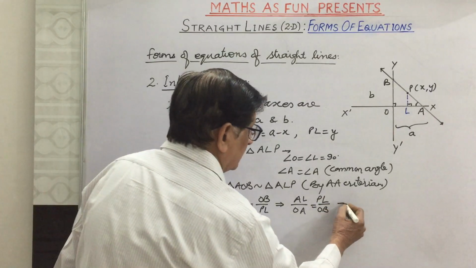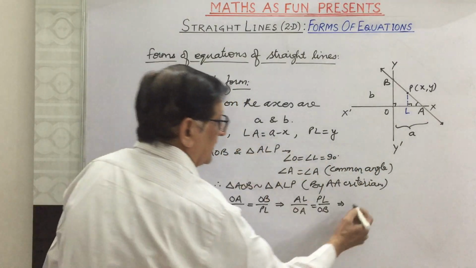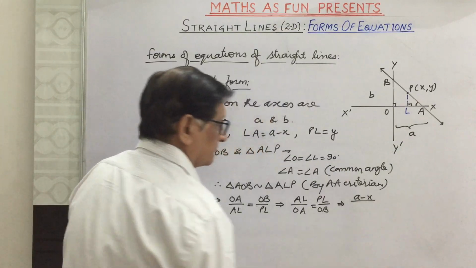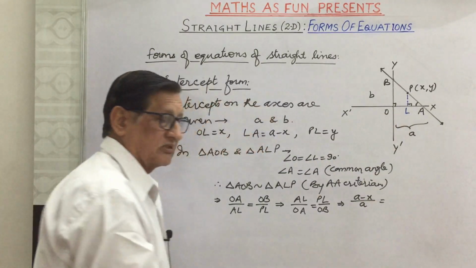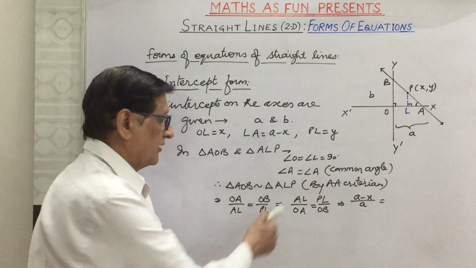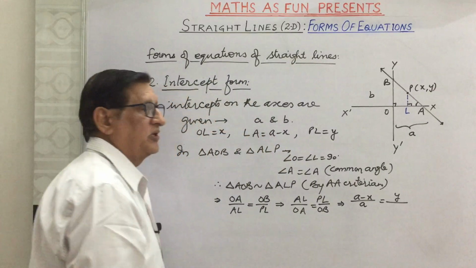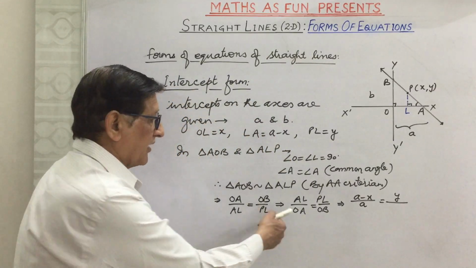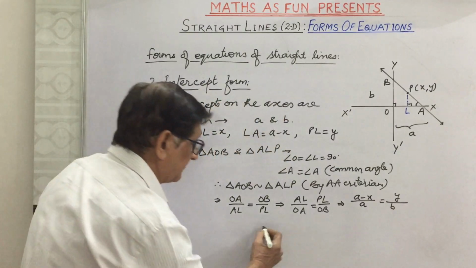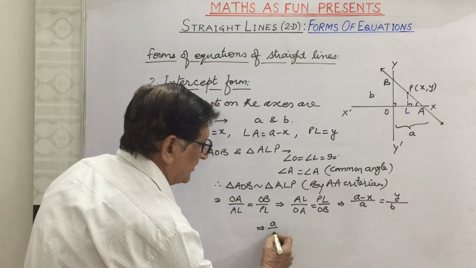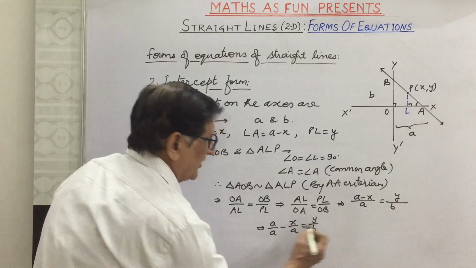Substituting the values, what is AL? We have seen just now AL is A minus X. OA is A, the intercept on x-axis. PL is Y, the Y coordinate of the point P. And OB that is B. If we simplify this, will we get it as a upon a minus x upon a is equal to y upon b?